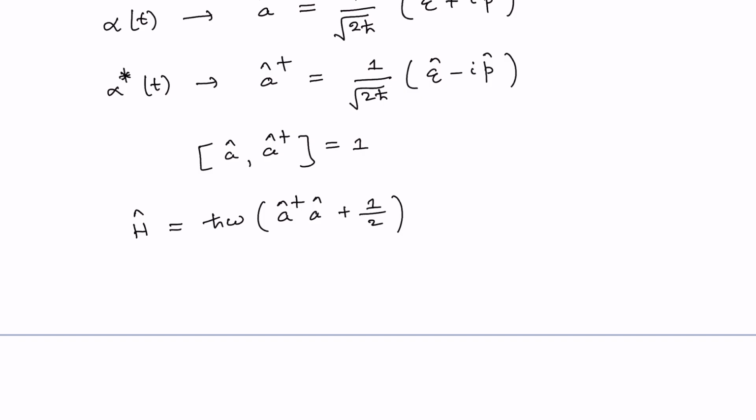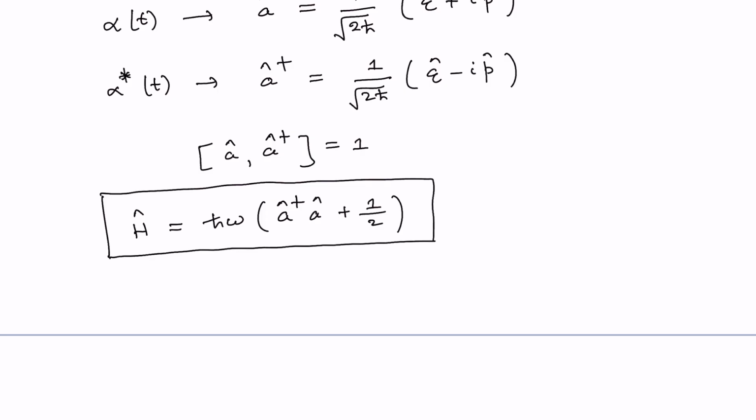So which is exactly the same Hamiltonian you must be familiar with in the context of the quantum harmonic oscillator. So what you see is that each mode of an electromagnetic wave behaves like a harmonic oscillator.